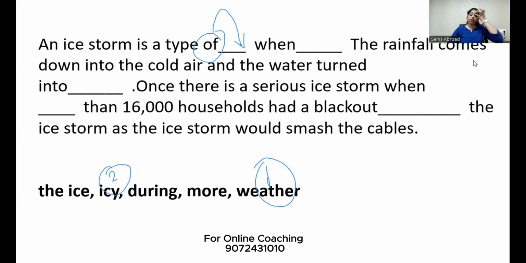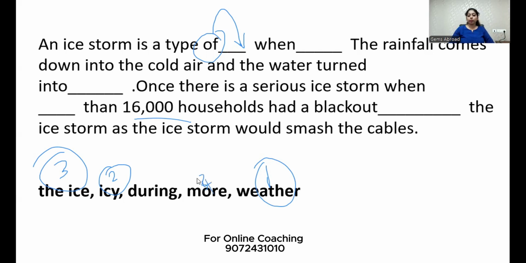The rainfall comes down to the cold air and the water will be turned into something. A transition is happening. Water will be turning into ice. Once there is a serious ice storm, when dash that 16,000 households had a blackout. When 16,000, a number has been mentioned. So more than.